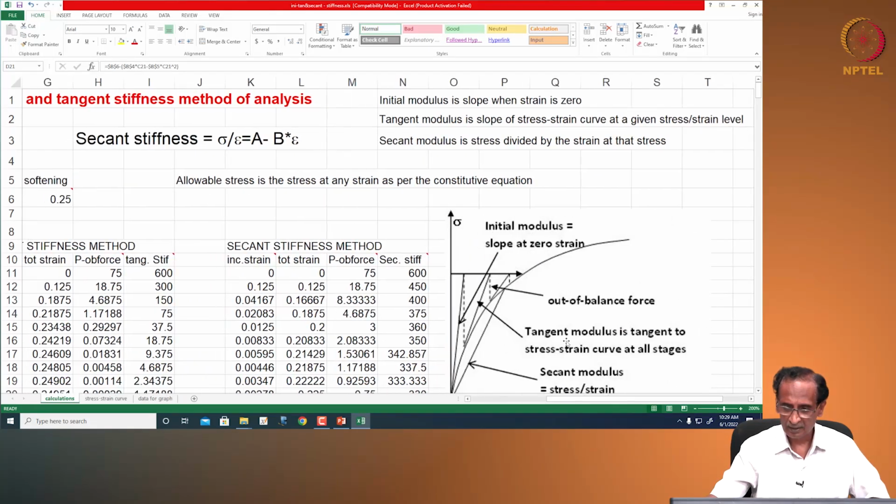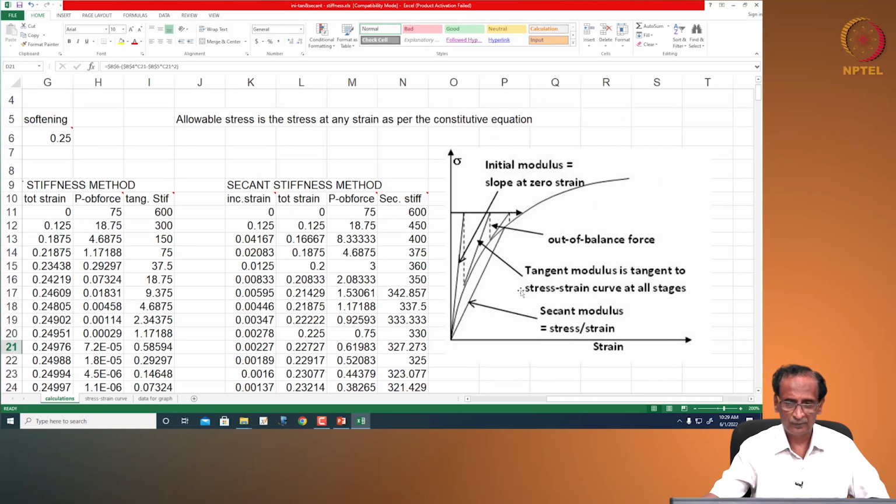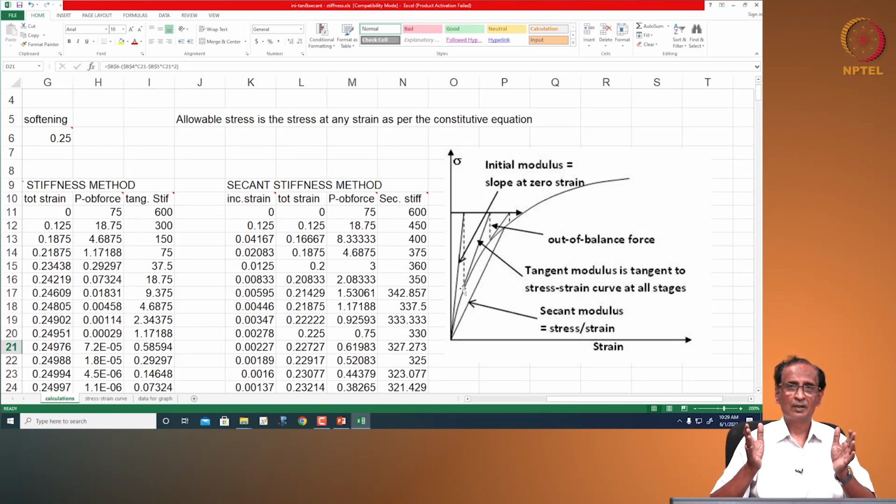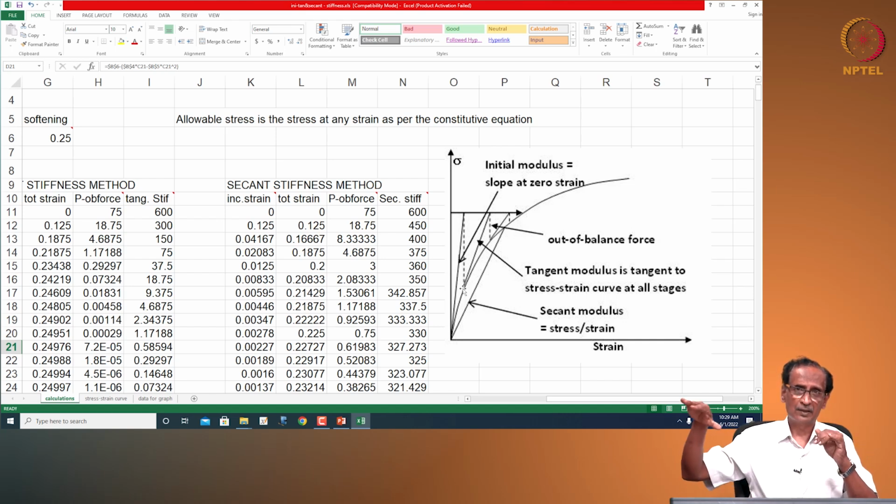Just to summarize, let me show you with this example, with this figure. We have the initial stress method where our stiffness matrix remains constant, and then the tangent stiffness method where we follow the stress strain curve as closely as possible by taking a tangent modulus as d sigma by d epsilon.